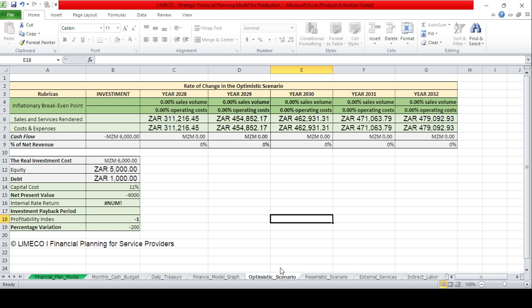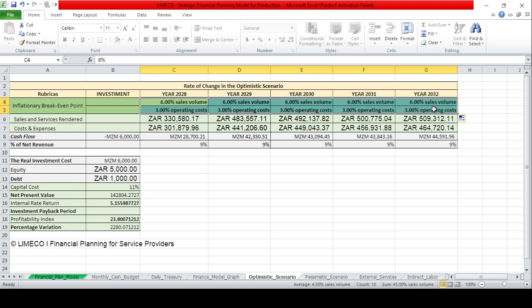In the optimistic scenario, we can imagine that volume increases 6% and costs decrease 5%. We put it together here, and the project is still viable because net present value is positive.